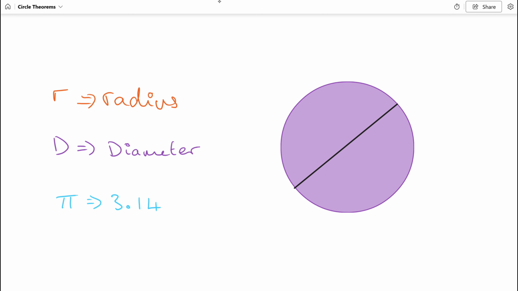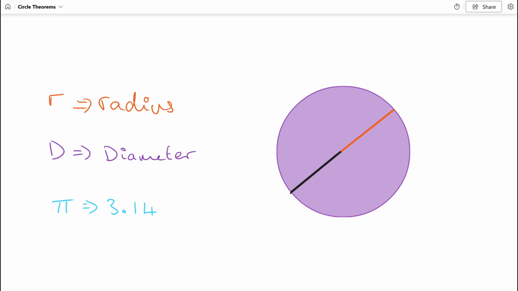Looking at our circle here, the diameter of a circle is that big black line that you can see there. It is literally, if you just slice the circle in half, that line there is the diameter. It's the line that goes right through the center of the circle from one end of the outside of the circle to another point of the outside of the circle. The radius of a circle is that orange line there.